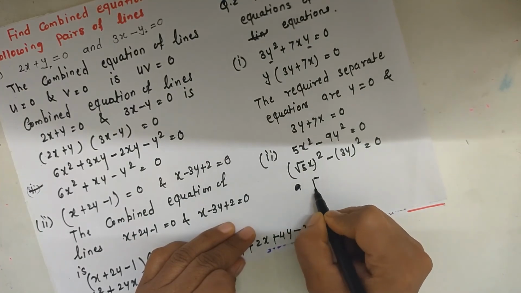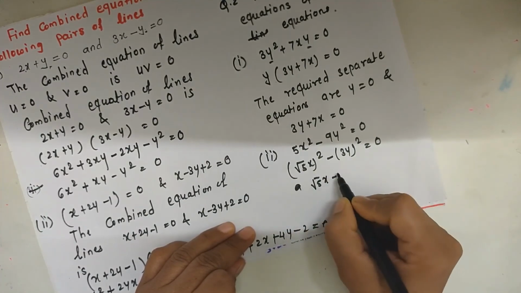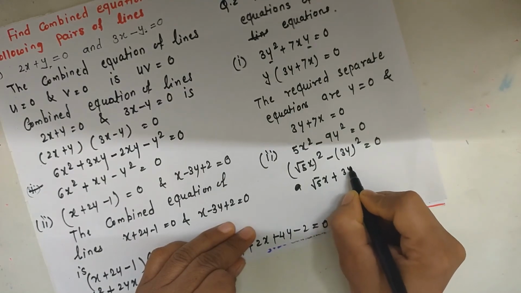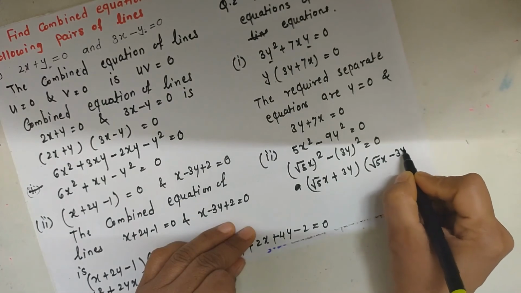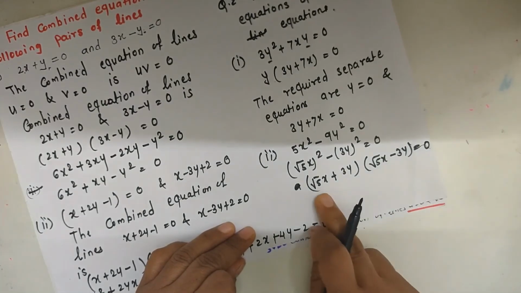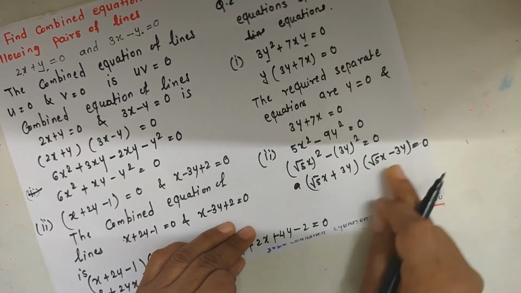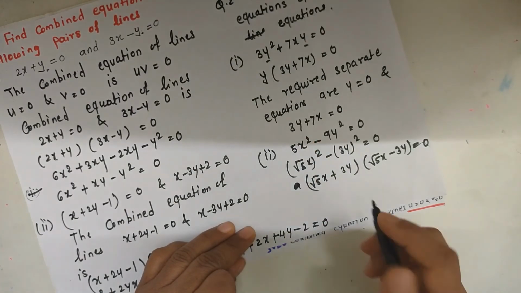Here the first factor is root 5x plus 3y and the second factor is root 5x minus 3y is equal to 0. And these two equations are the separate equations of the given equation.